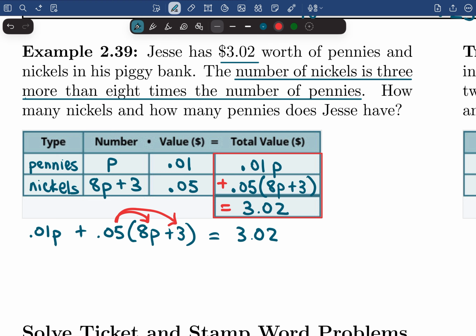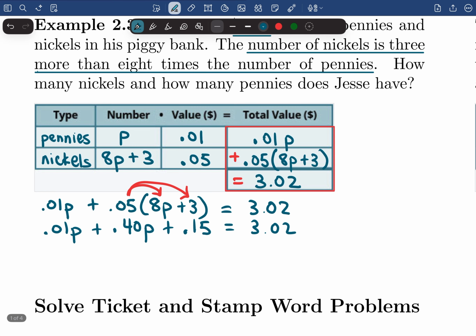And so rewriting this equation, I have 0.01 times P plus, well, 0.05 times 8P, which is 0.40P, plus 0.05 times 3, which is 0.15, and that equals 3.02. Let's combine like terms. So 0.01P plus 0.40P is 0.41P. Okay, so we get 0.41P.